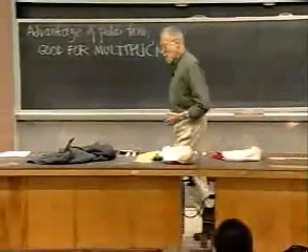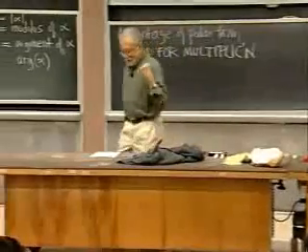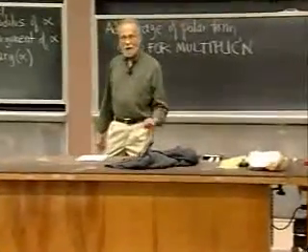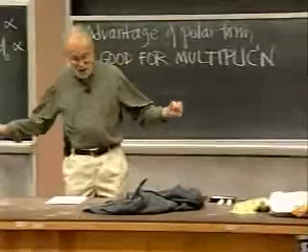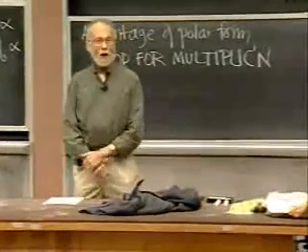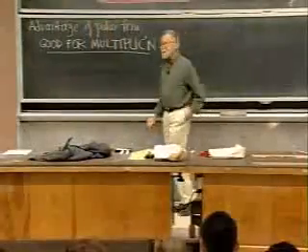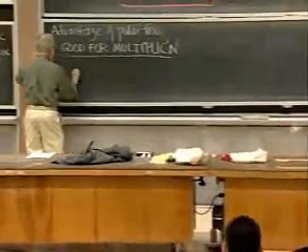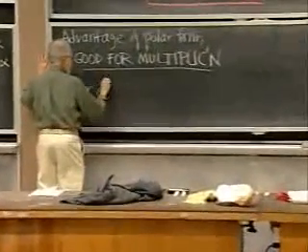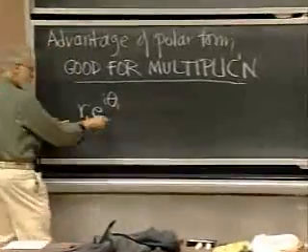Whereas if we had to do it any other way, it's a lot more work, and worst of all, when you finally slog through to the end, you feel you're none the wiser. It's good for multiplication because of the product of, so here's any number in its polar form.